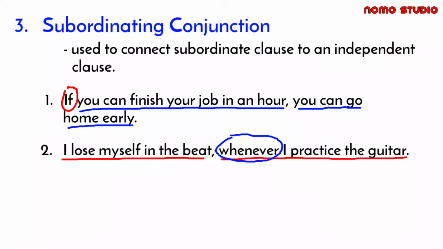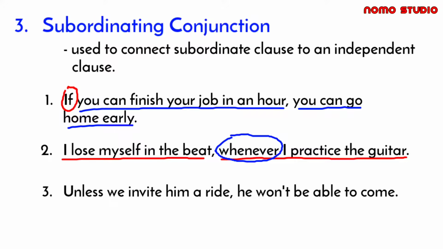The word whenever acts as a subordinating conjunction. It connects the two clauses. Last example. Unless we invite him a ride, he won't be able to come. This is the dependent clause. And this is the independent clause. The word unless is our subordinating conjunction here.